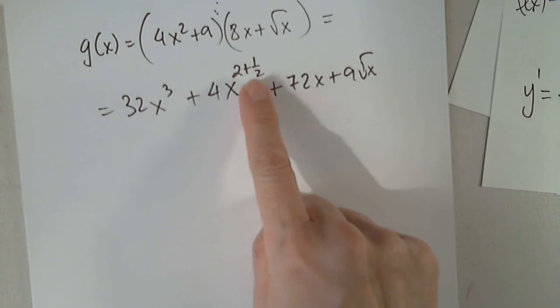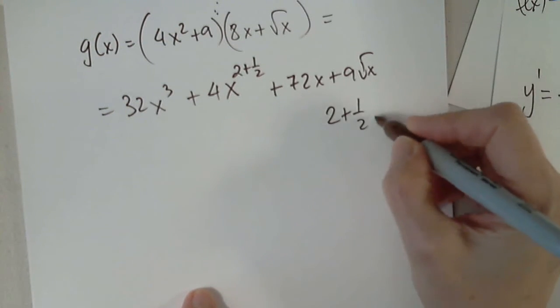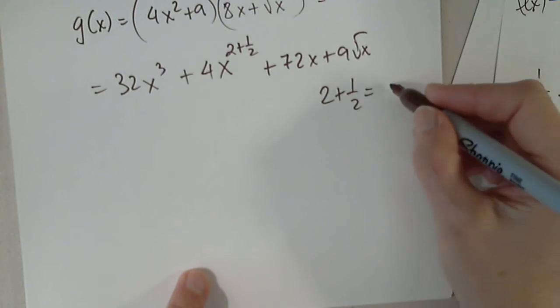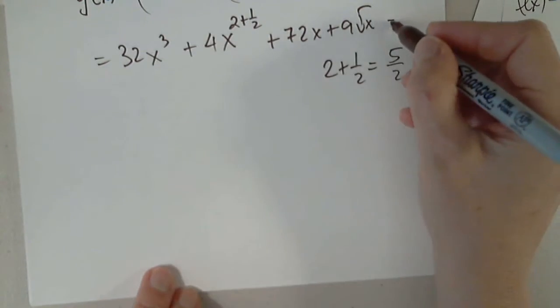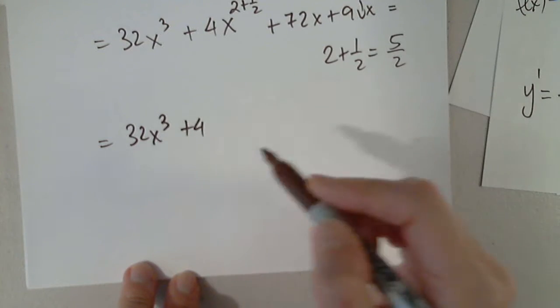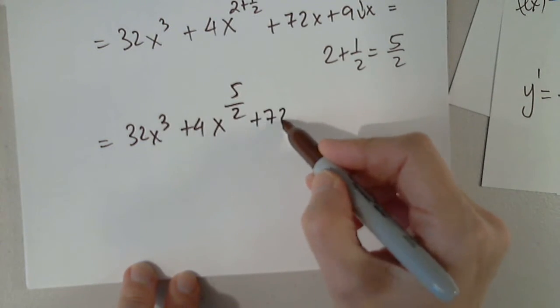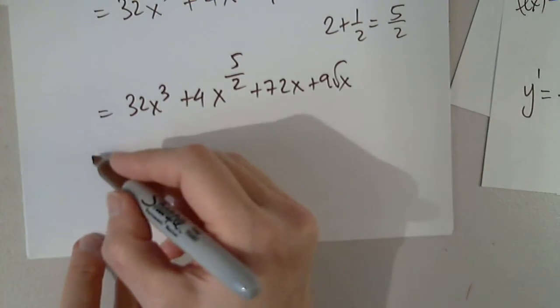I have to calculate this and I get 5/2. So again, for you I write it just to make sure that we understand what we're doing. So then this is 32x to the third plus 4x to 5 over 2 plus 72x plus 9 the square root of x. Now I will differentiate.